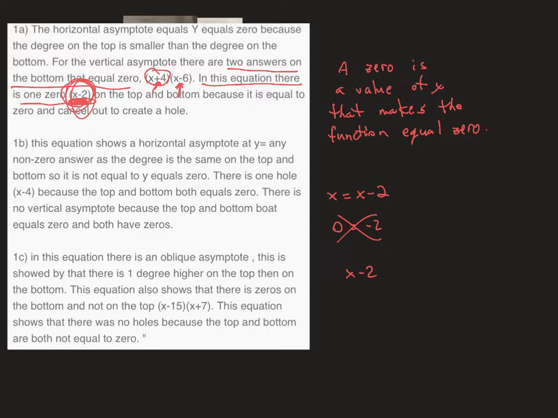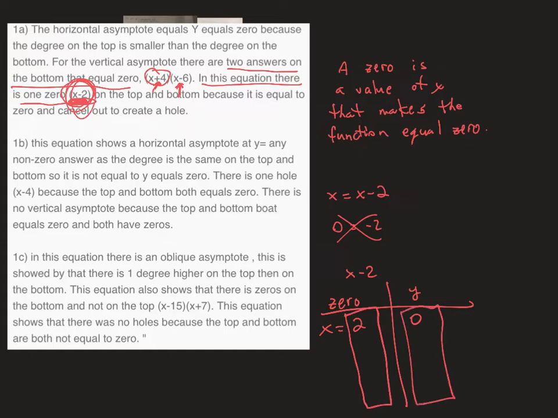So when you want your 0, you're assuming x can equal, let's say x can equal 2, and you're assuming that y is going to equal 0 in that case. Okay, so your zeros are all the x values where y equals 0.